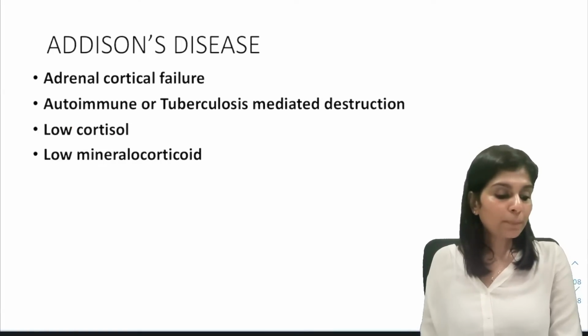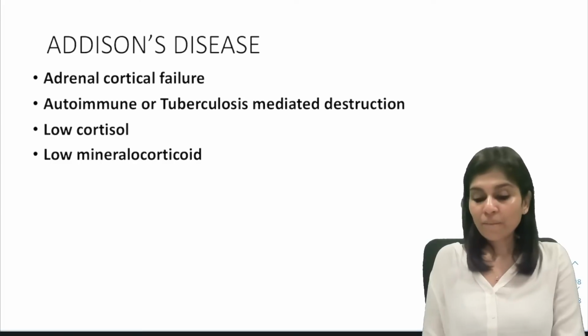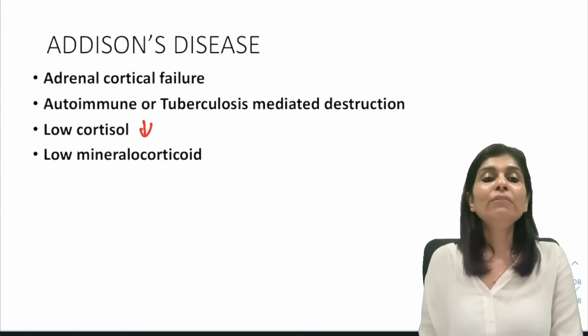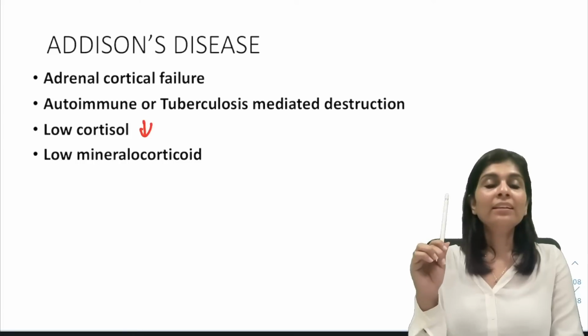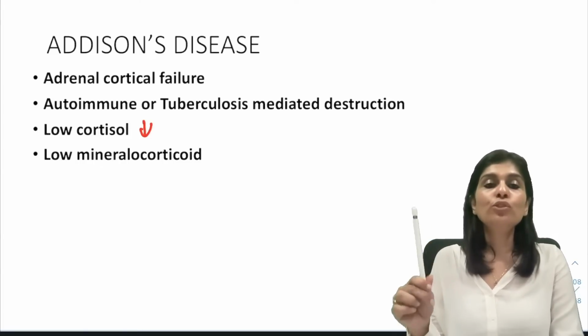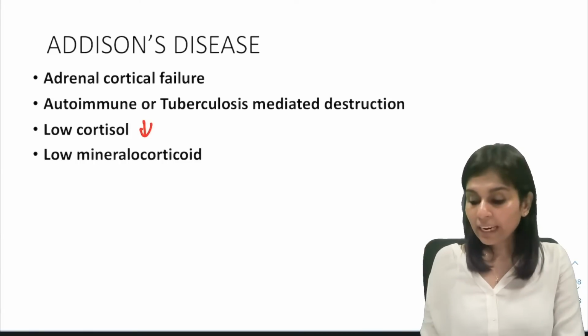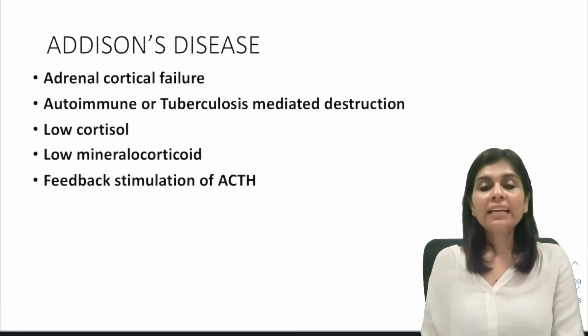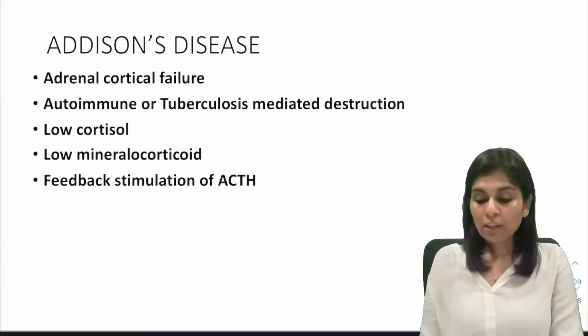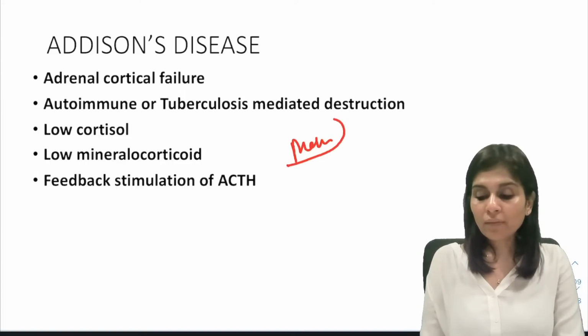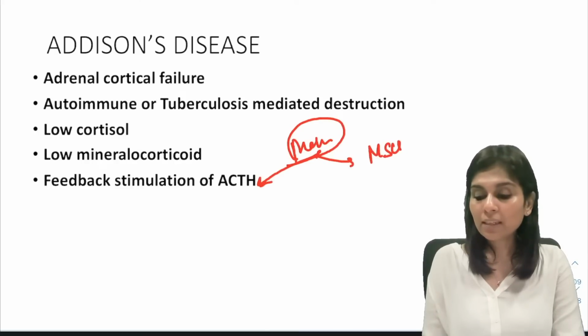And what will you expect as a result of this? When there is low cortisol, there will be feedback stimulation of ACTH. Your pituitary releases ACTH in response to low cortisol. ACTH precursor is pro-opiomelanocortin, which will be processed to give ACTH and MSH simultaneously.